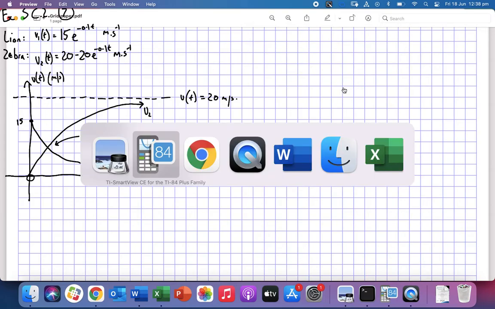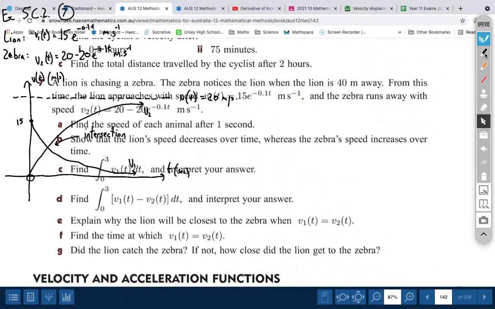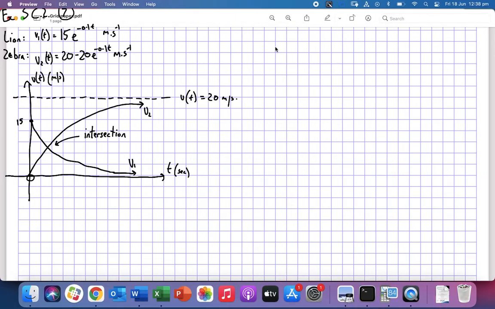Oh, lost my pen. Back. Where does V1 equal V2, right? So we could say 15e to the minus 0.1t equals 20 minus 20e to the minus 0.1t.